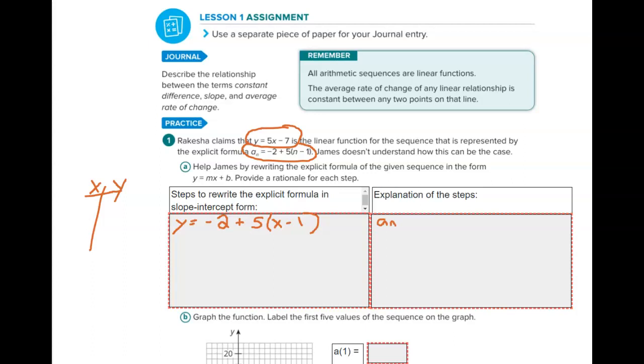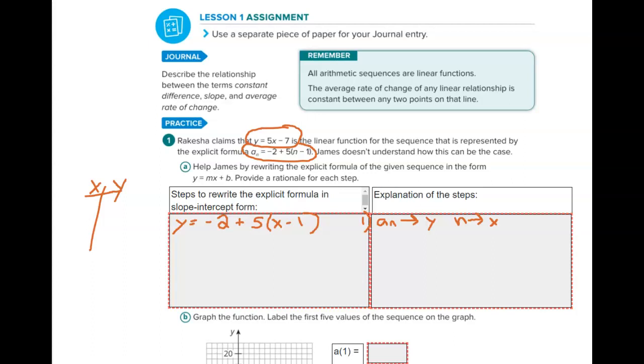I'm going to put that we turned a sub n into y, and we turned the n into an x. It would be better to write this in words, but I'm going to substitute it for this tutorial. You can put it into words.